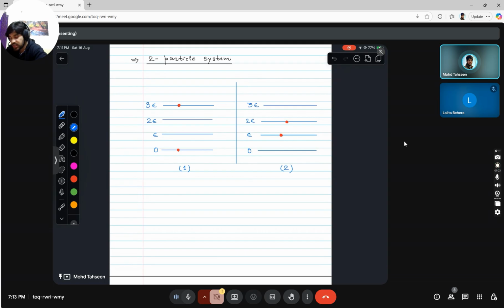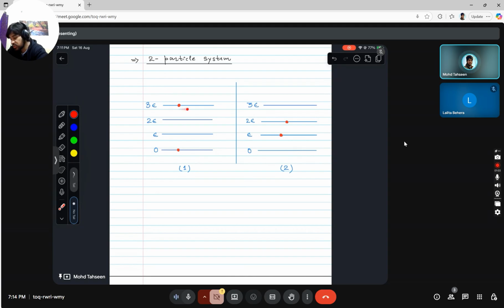So the answer is simple. You have one energy state and you have two particles to choose from. If we look at one of the energy levels, say 3e, we know that one particle has to go here, but we have two choices, because there are two distinguishable particles.